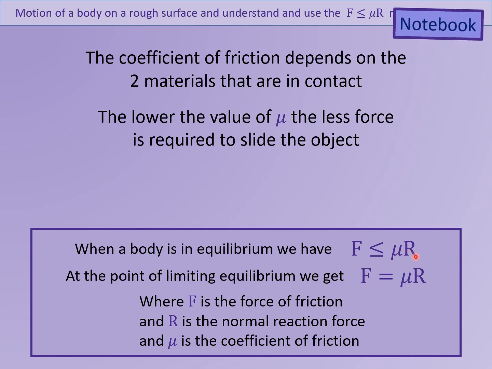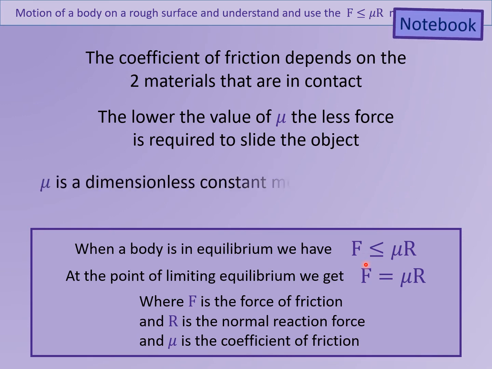Clearly if it's a very, very heavy object, then that will be a bigger value. But the smaller the mu value, the more likely it is that you would overcome friction. Something like an ice cube or an ice hockey puck on an ice rink has a very low mu value. That's why the ice hockey puck slides quite comfortably over the ice.